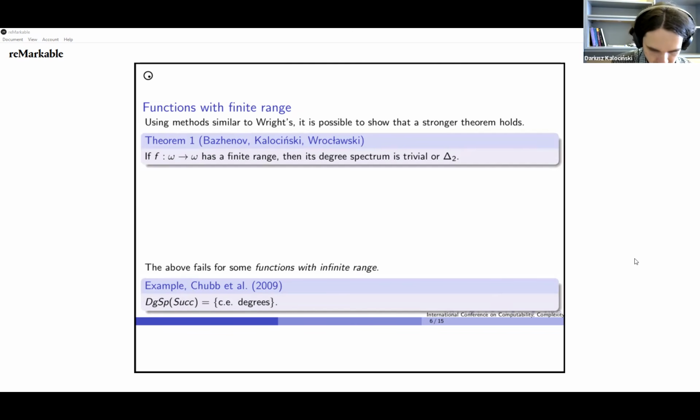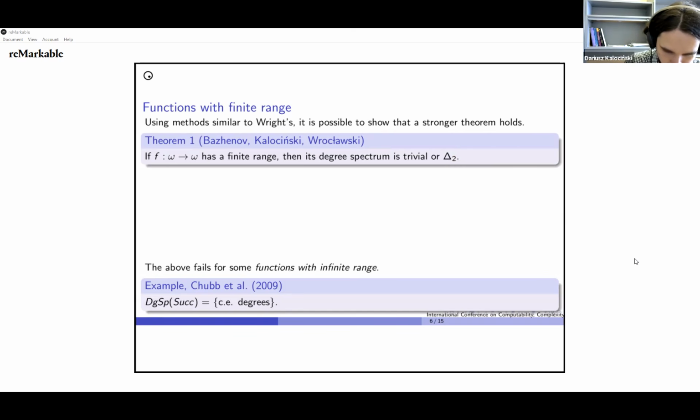They behave the same as unary relations, which can be seen as functions with finite range, if you think about the characteristic function. And basically almost the same argument as in Wright's paper applies.